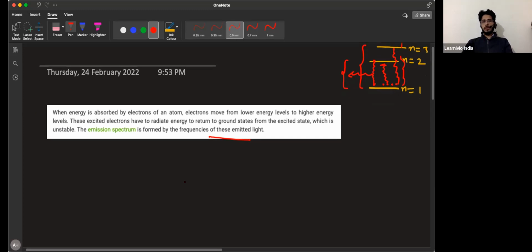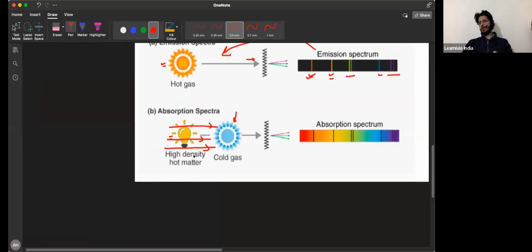When radiation which has all possible frequencies passes through this cold gas, the gas will absorb some specific energies, and those will be missing from the spectrum. These black lines show frequencies absorbed by the gas.